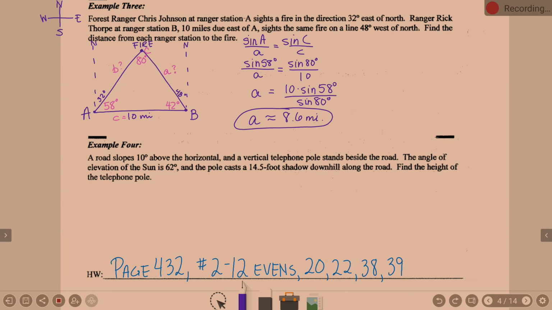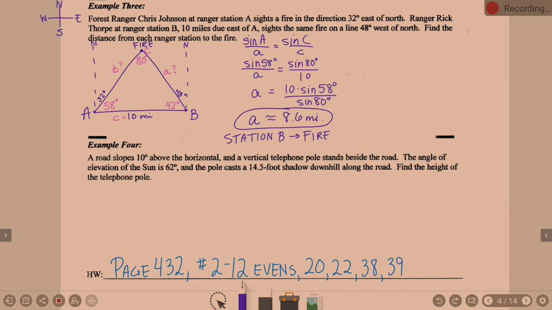Side A was not part of the original problem; that was a name I came up with. So that is the distance from station B to the fire. I just want you to realize that's not the distance from station A, because it's side A.